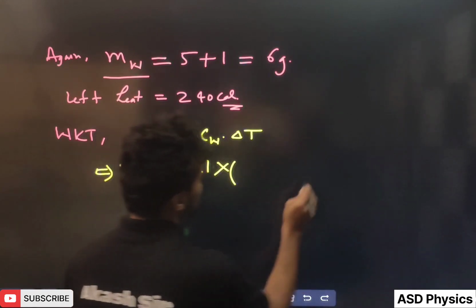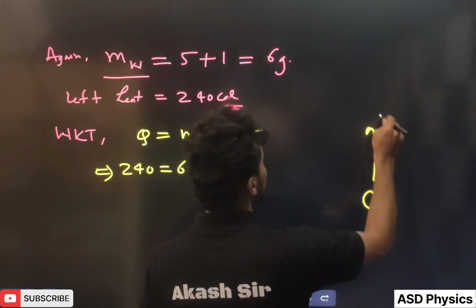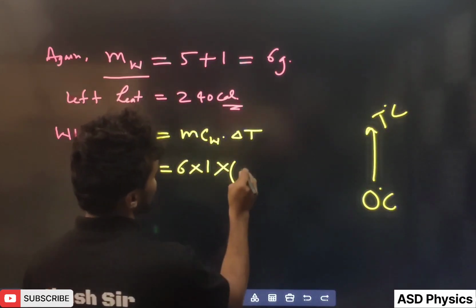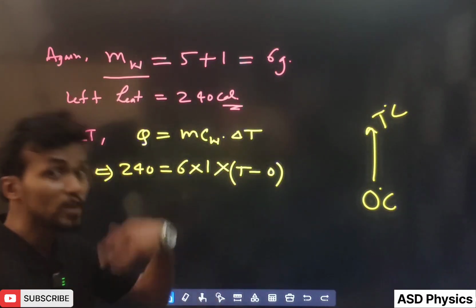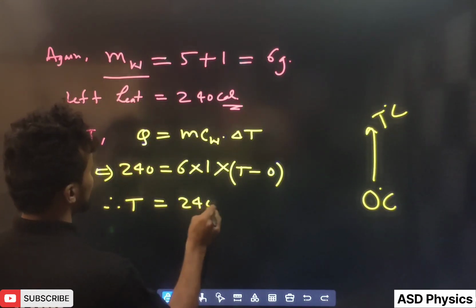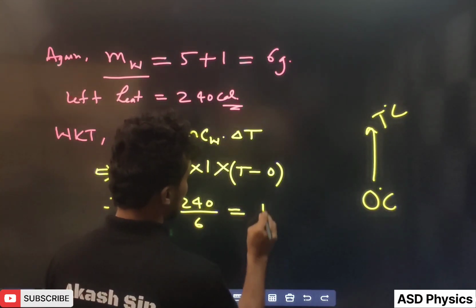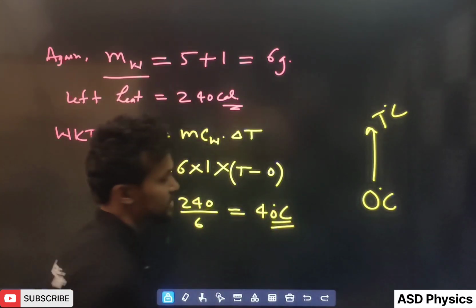The temperature will go from 0 to T, so it becomes T minus 0, up to whatever temperature it will go. So when you simplify, T will be 240 by 6, which comes to 40 degrees Celsius. Is it, students?